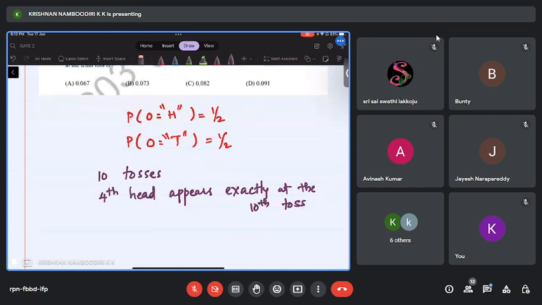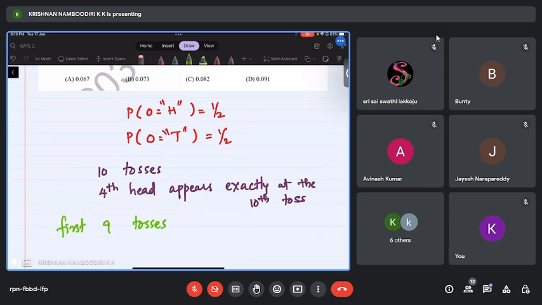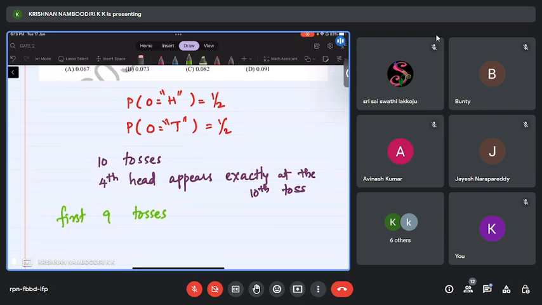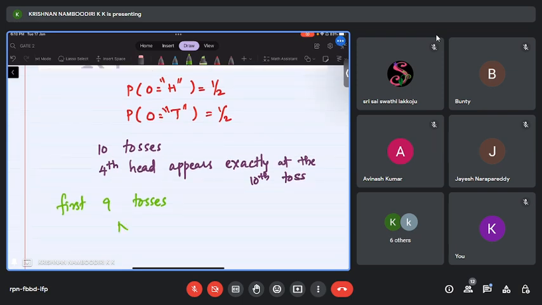If I consider the first 9 tosses, how many of them would be tails? So consider this scenario: the fourth head appears at the 10th toss.